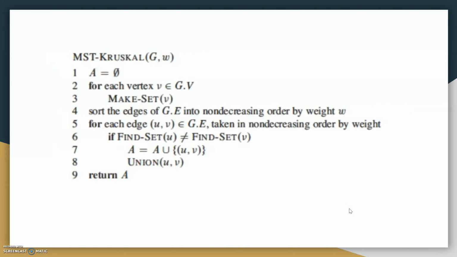Okay, now let's go over the pseudocode for this algorithm. Here is the pseudocode on this page, and it might look different than the one from the textbook because I like this one better, but I think some of you might like the textbook one better.